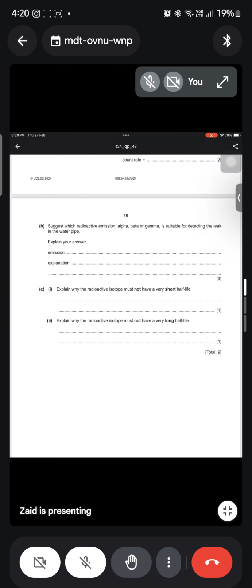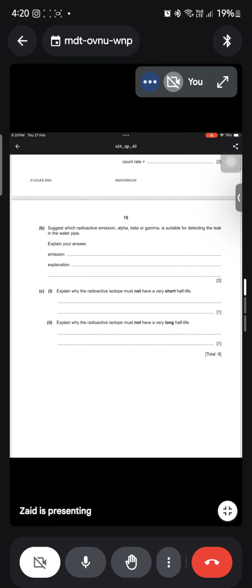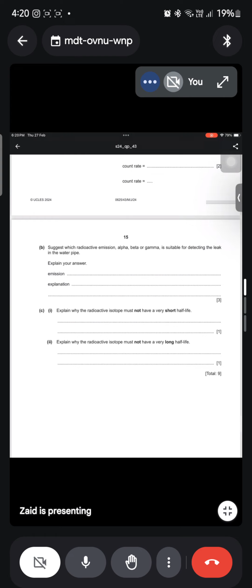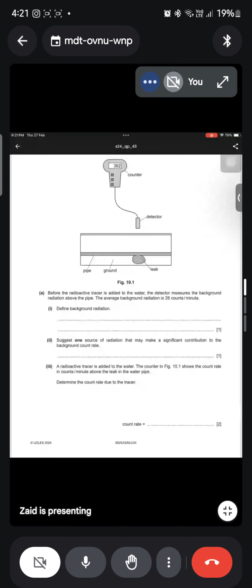Yes, sir. And we are basically explaining why a radioactive isotope must not have a very long half-life. This is a carried-on question. With a very long half-life, you would only check for leakage when radiation is emitted, so it's going to take a very long time, and the leakage is going to happen and happen and happen.